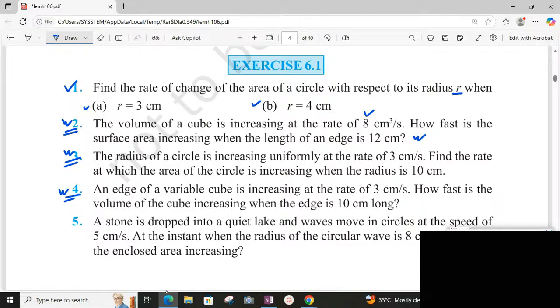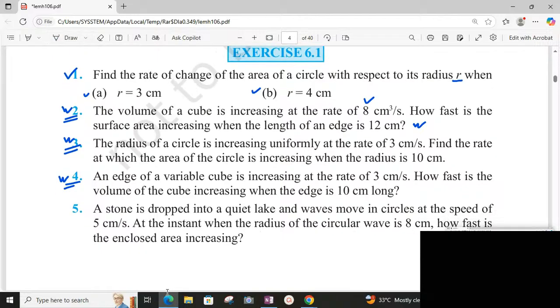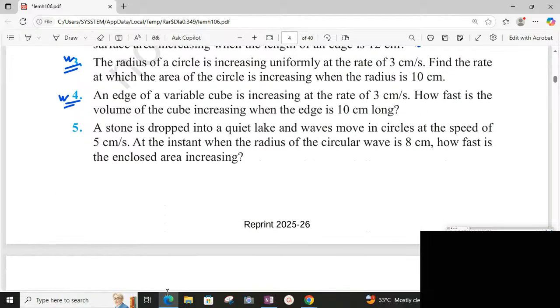And this is question number 5. Now I am going to read question number 5. A stone is dropped into a quiet lake and waves move in circles at the speed of 5 centimeter per second. At the instant when the radius of the circle is 8 centimeter, how fast is the enclosed area increasing?